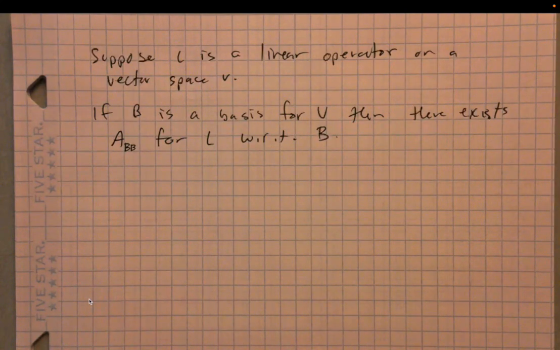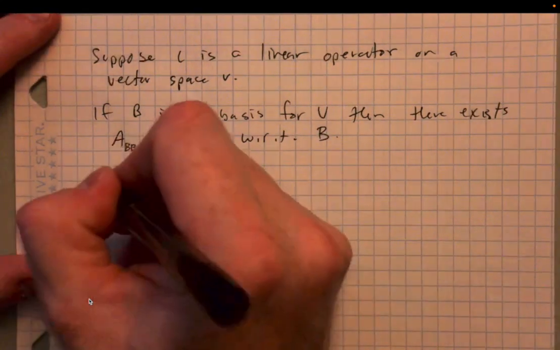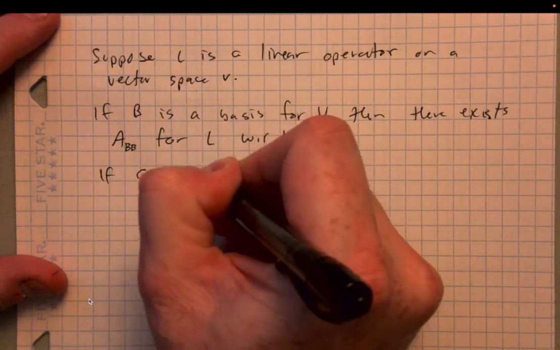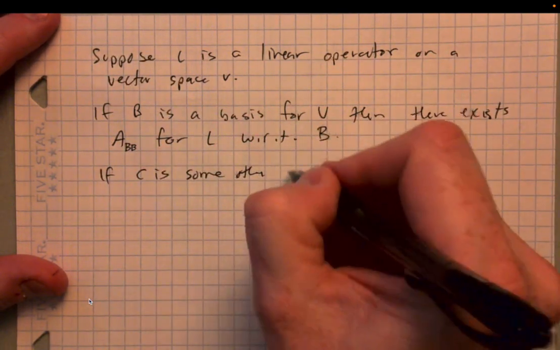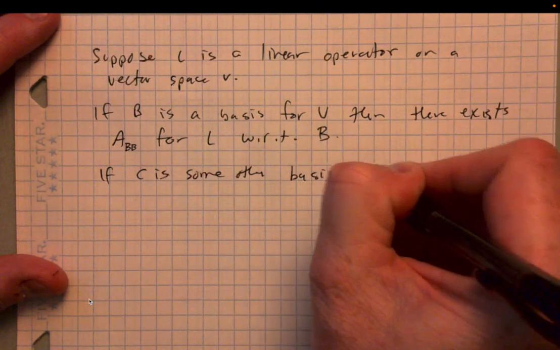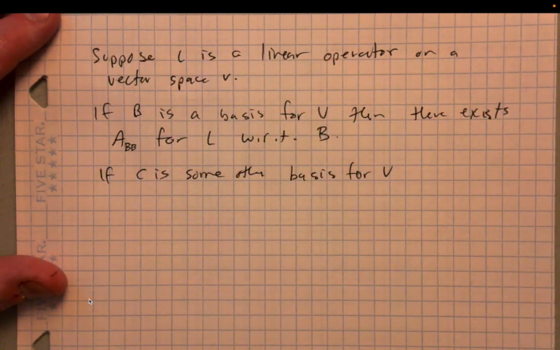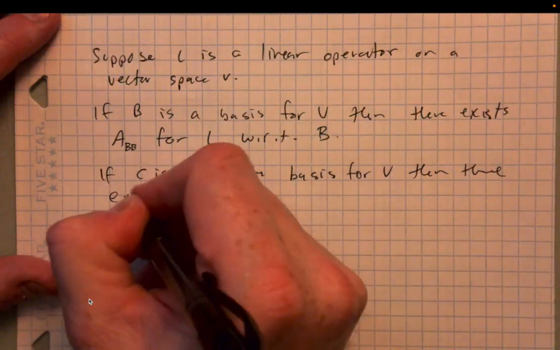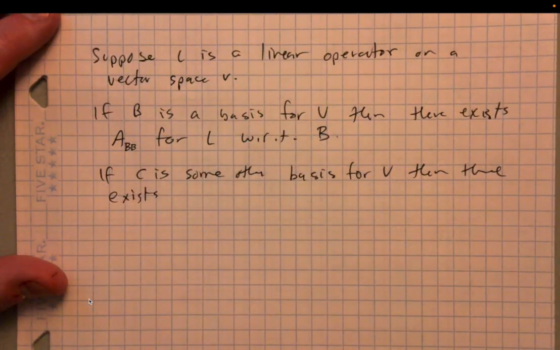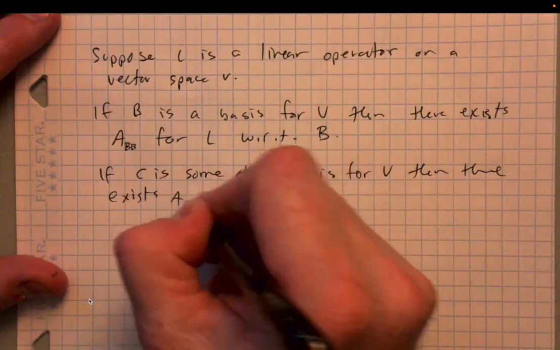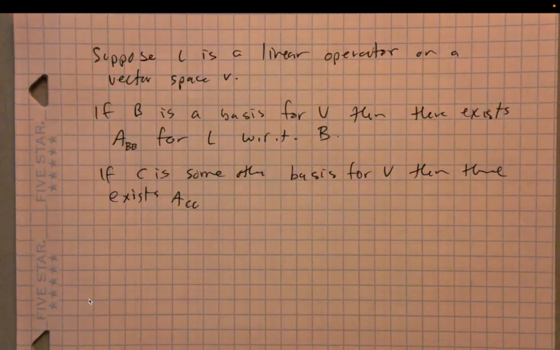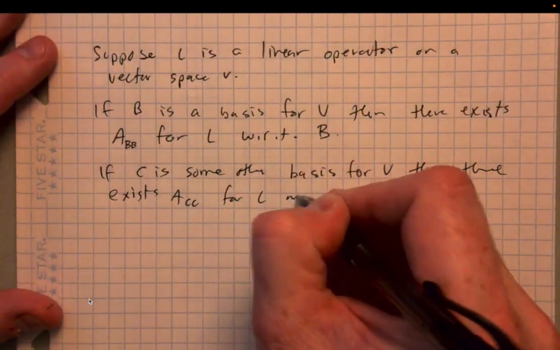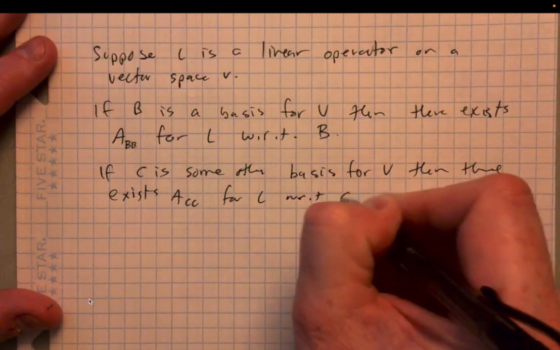Now, if C is some other basis for V, then there exists A_CC for L with respect to C. Okay.